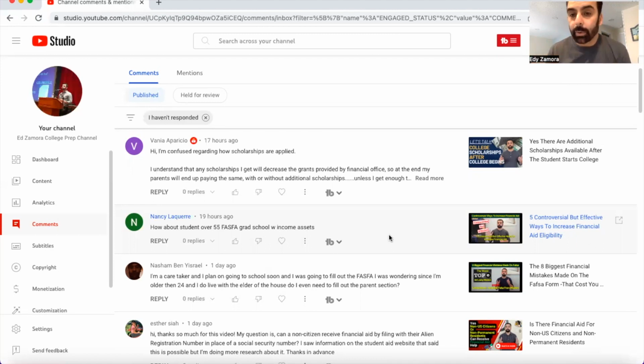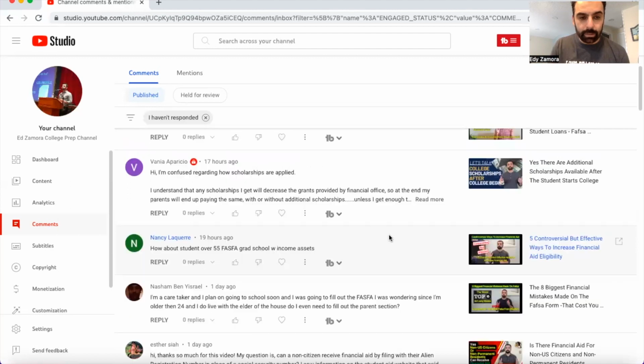Most schools, if you're going to grad school, only provide you federal direct loans in the amount of $20,500, and they are unsubsidized, which means there is interest accruing on that loan. Some schools will provide grant money, but it's very difficult to get on the grad school level. Also, you have fellowships and grad assistantships to help out as well. But it's rare you get any free money from the FAFSA form once you're doing a grad program, any kind, by the way. Let me go to the next question here.